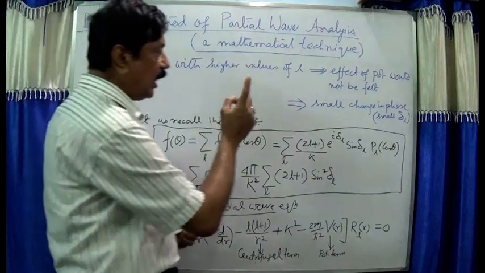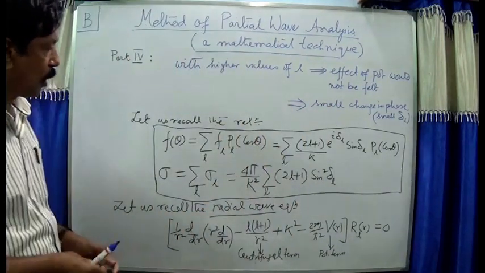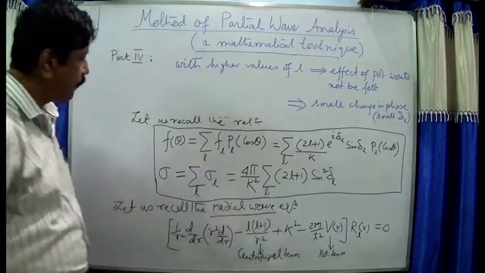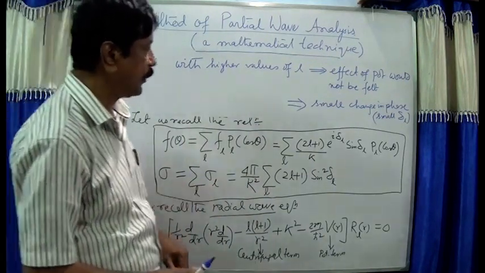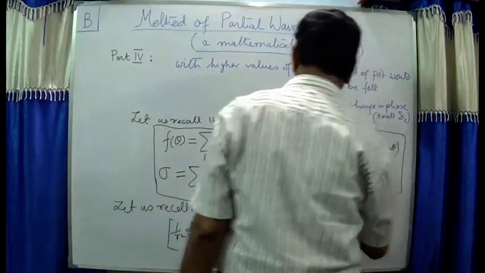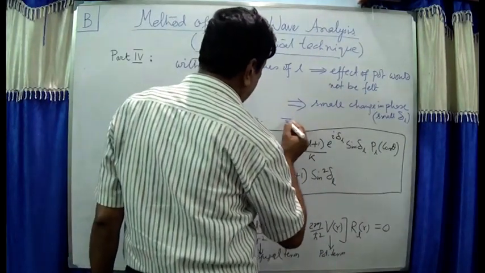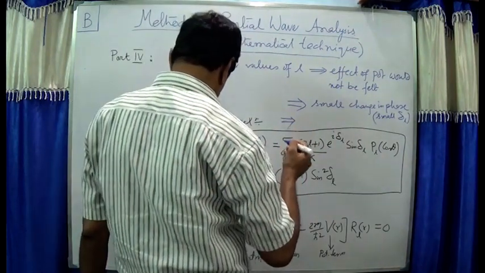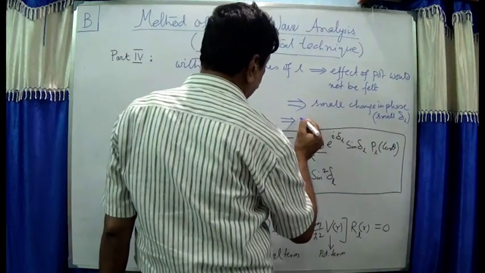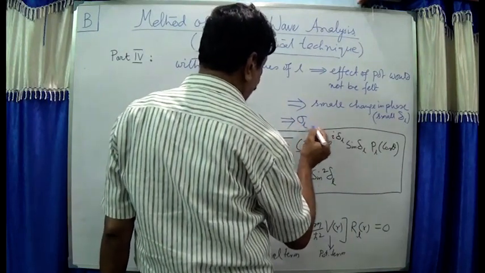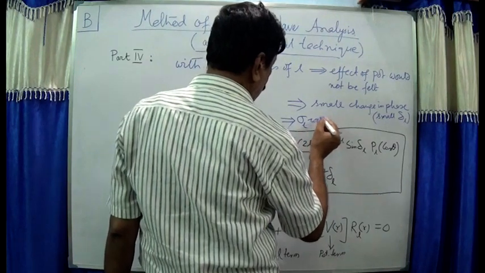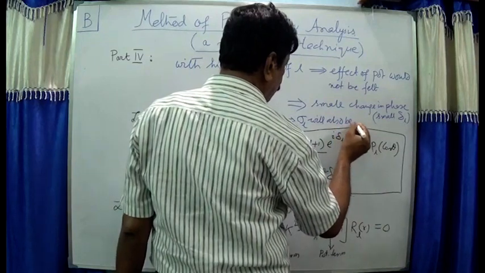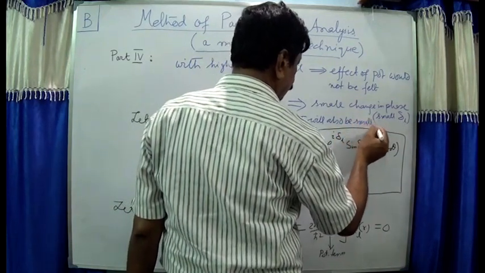Now if delta_L becomes small, the value of partial wave cross section will also be small. So again, in turn, the partial wave cross section will also be small, right?